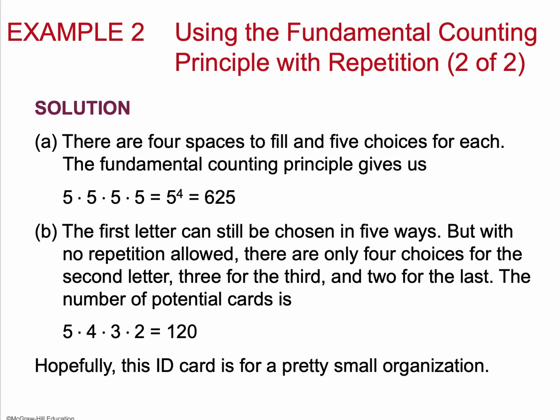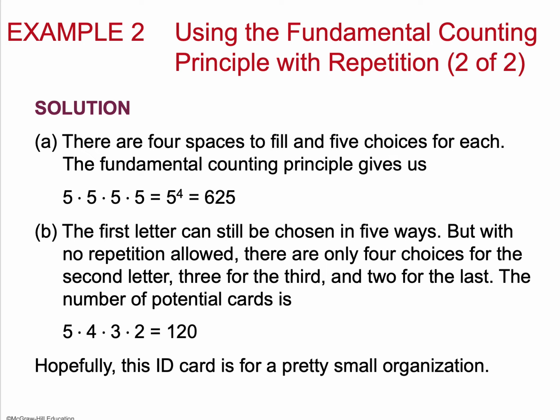So if I can repeat letters, I have 5 letters that could go into each slot. So I would have 5 times 5 times 5 times 5, which is 625 options. This is why the principle of counting is so important, because you wouldn't want to come up with all the possible combinations of those 5 letters. It would take you all day.